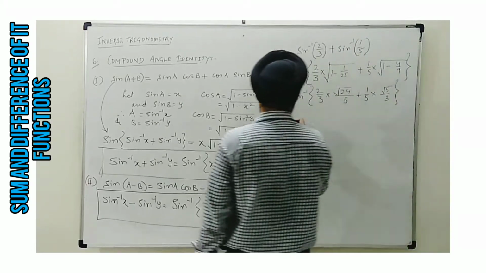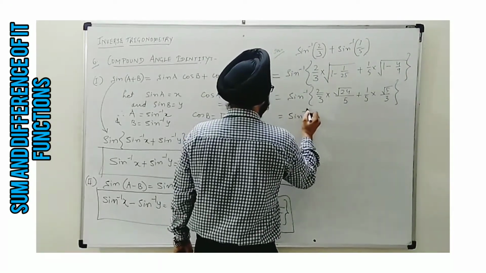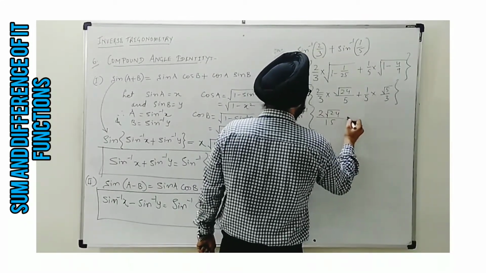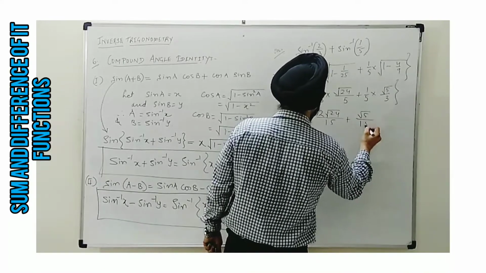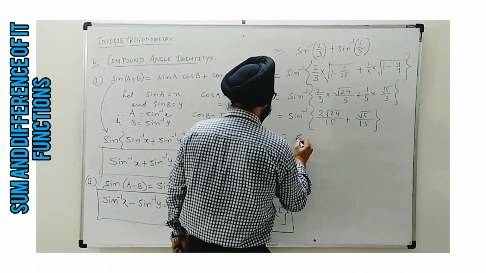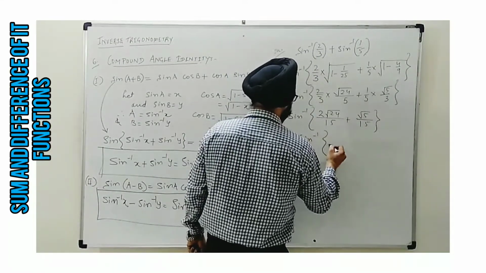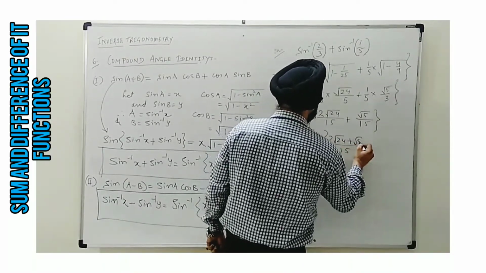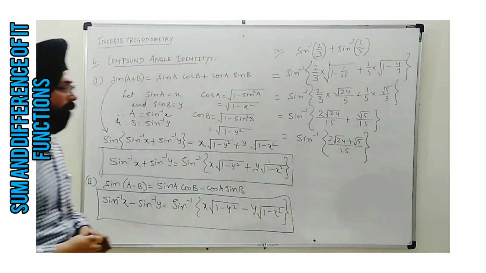So this way we obtain sine inverse 2 root 24 by 15 plus root 5 by 15, and finally we can write this as a single term taking LCM 15, and we have 2 root 24 plus root 5. This way we have added.